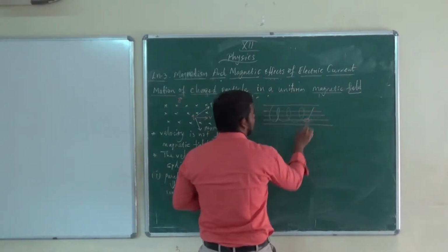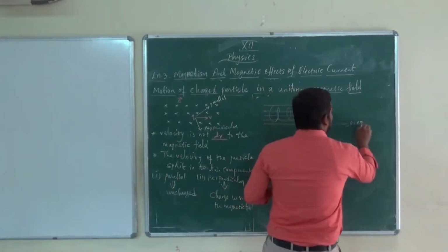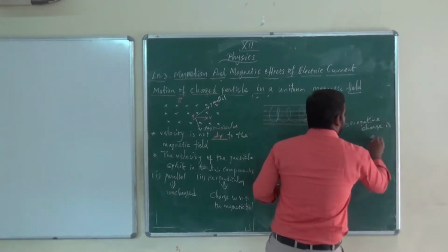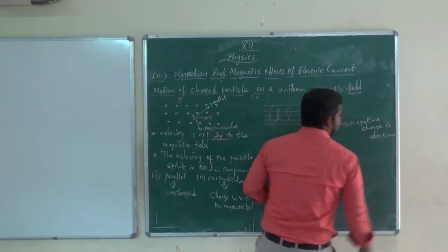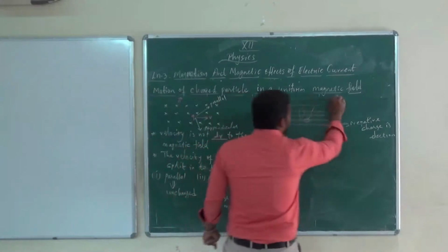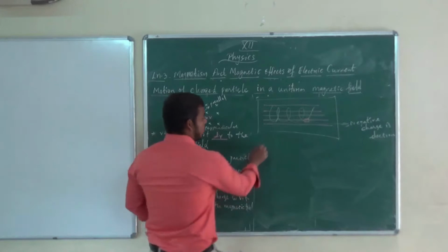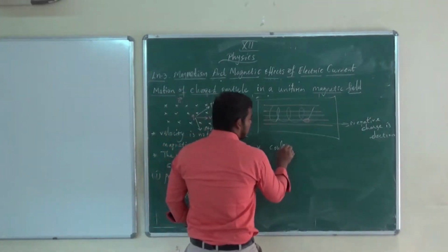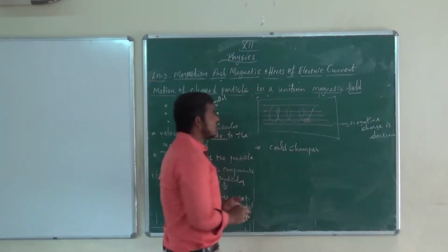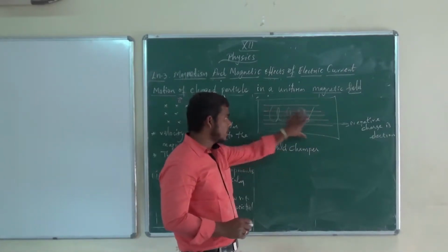And what is the charge here? Negative charge. What is negative charge? Negative charge is the electron. We can't see this with our ordinary eye, but we can use a cloud chamber to make it visible.